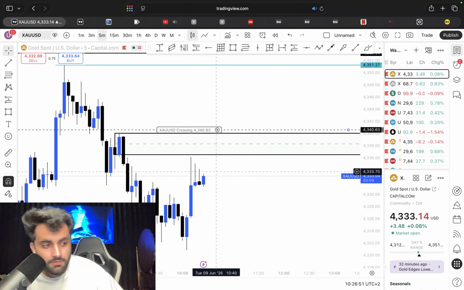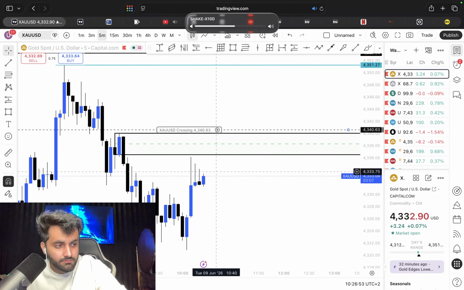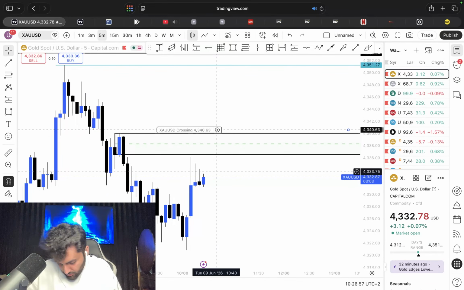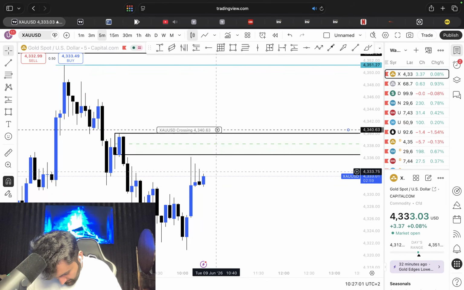Gold, man. Okay, so probably hoping for a 5-minute green candle, then followed by a red candle, and we can take the trade.